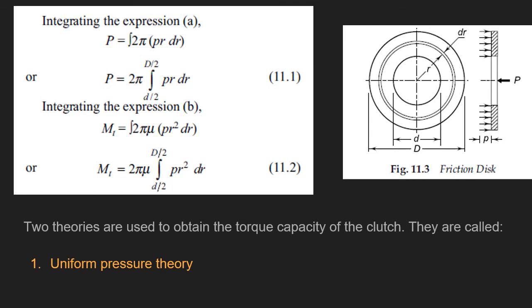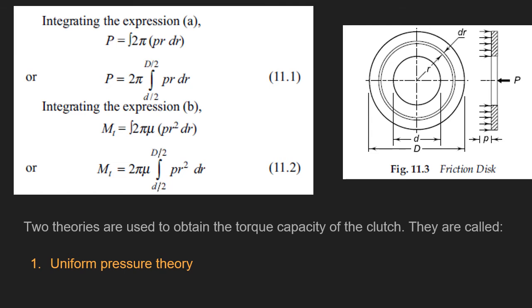Now, from these two expressions, equation 11.1 gives you the total force P and 11.2 gives you the torque Mt. What we are interested in is a proper equation for the maximum torque that can be transmitted by the clutch plate.